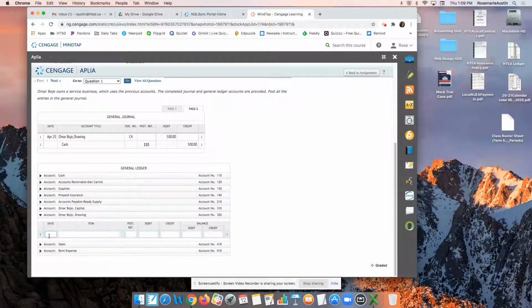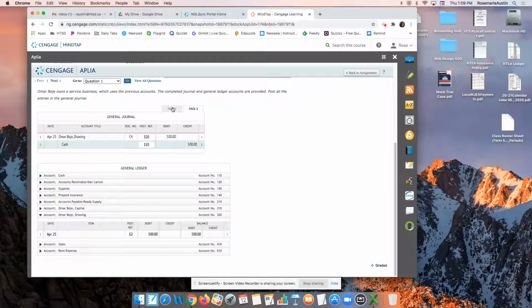So let's go ahead and put in April 25, and don't forget the General Journal page 2 this time, because we're pulling this from the second page, and it's a $500 debit, $500 debit balance. Okay. And this is account number 320. So we come up here to the post reference and put 320 in there.